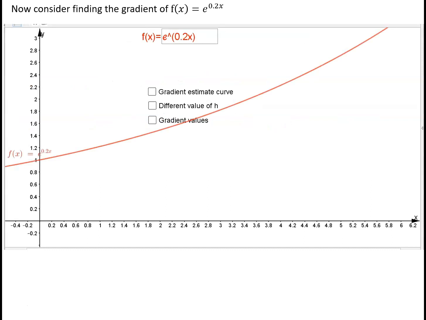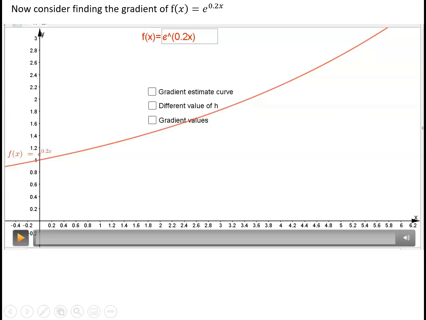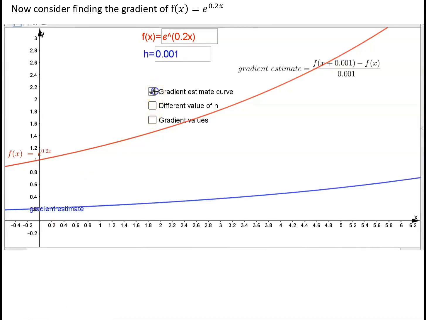Now, the next thing I want to do is consider the gradient of the graph f of x equals e to the 0.2x. So on the diagram at the moment we have the curve of y equals e to the 0.2x. Onto this curve we're going to add the gradient estimate curve, again using h equals 0.001.